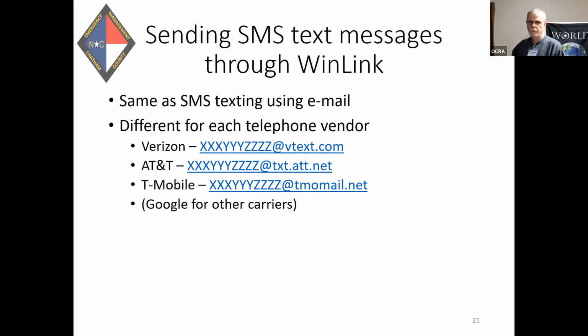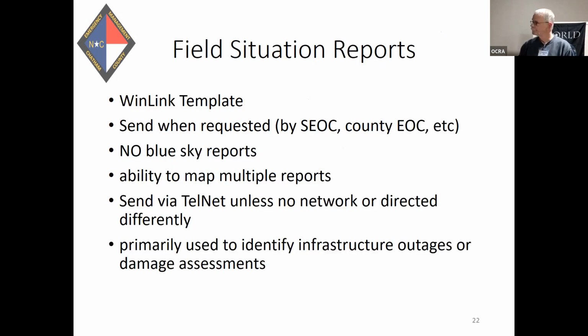T-Mobile, similar. All the other providers also have that same functionality. I found that these tend to be the 3 most common carriers for cell phones in this area. But if your phone is on a different provider, look it up on the internet. It's there. Next slide.